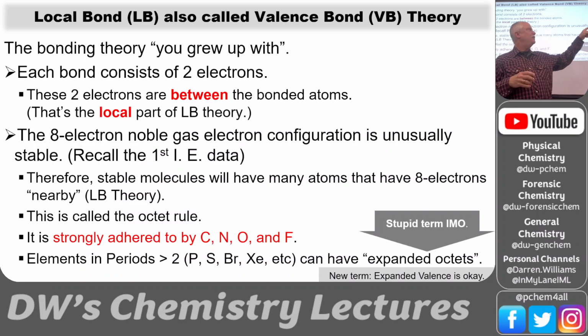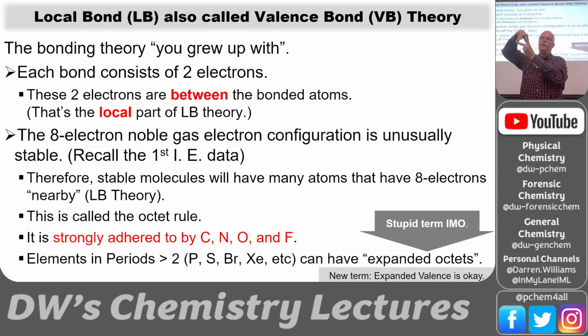So for phosphorus, you can have phosphorus pentachloride, right? Phosphorus, if you look at the column that it's in, Roman numeral 5. So it's a group 5 element. So it has 5 valence electrons, and you can put a chlorine on each one of those and make this trigonal bipyramidal structure.